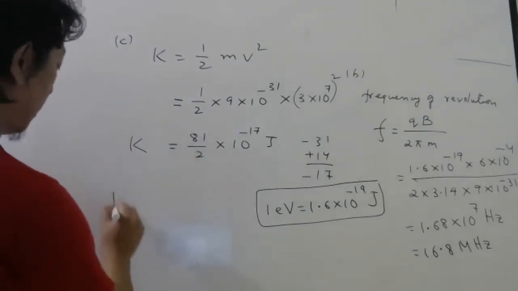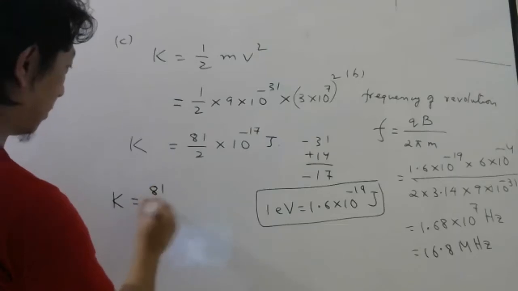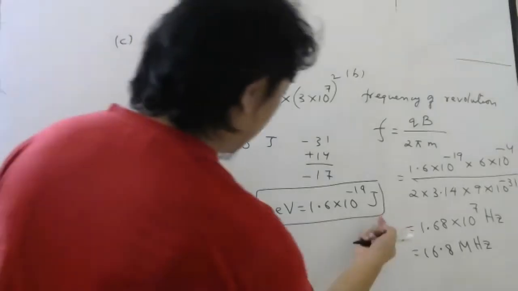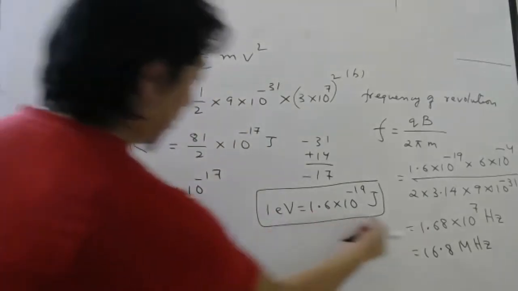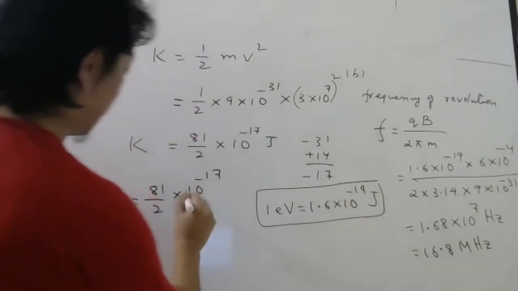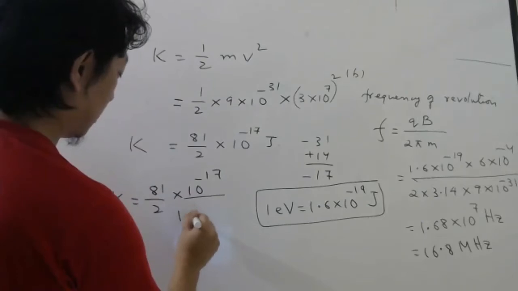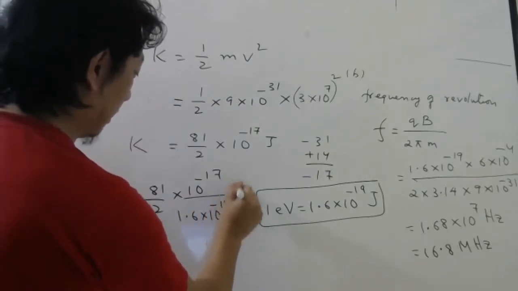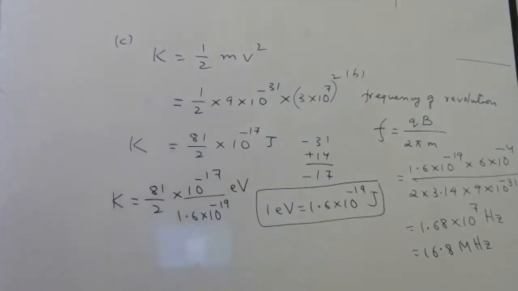So just convert this 81 by 2 into 10 power minus 17 from joules to electron volt. So you have to divide by 1.6 into 10 power minus 19. Check what answer you get.